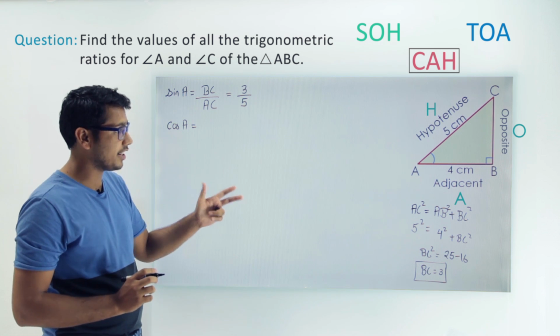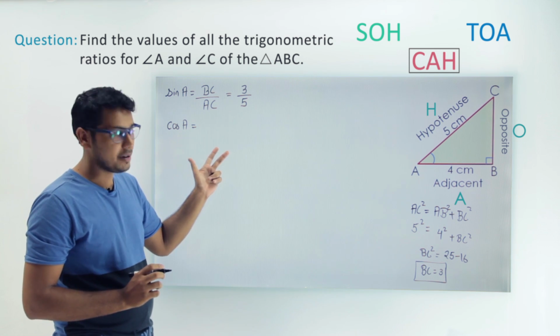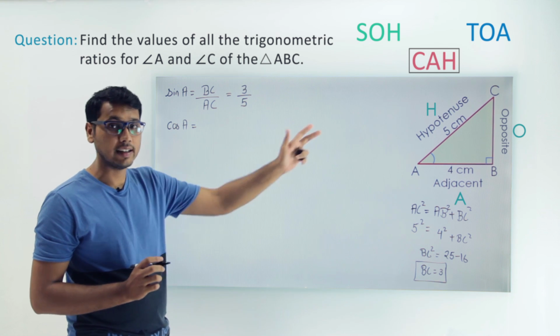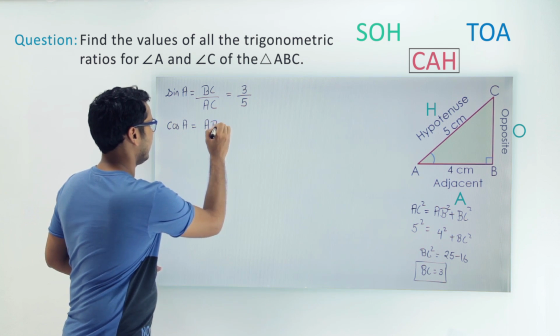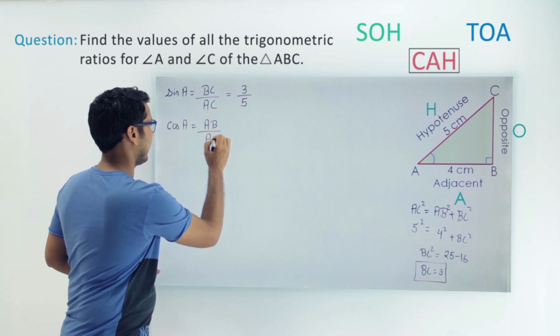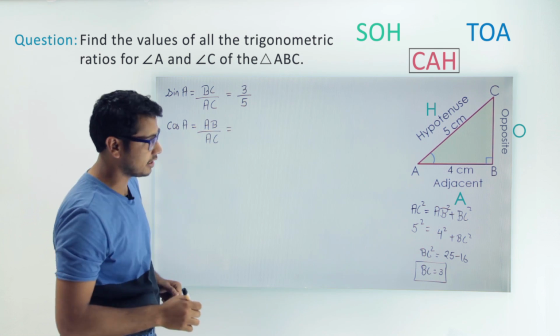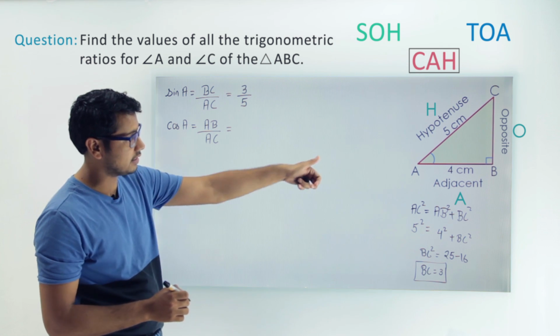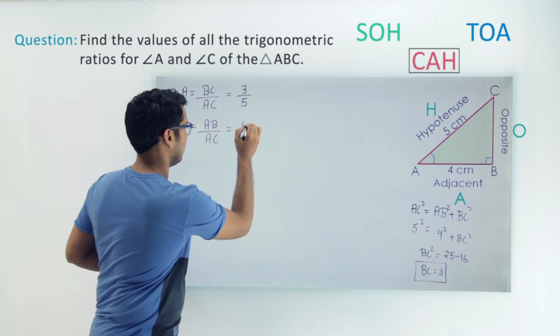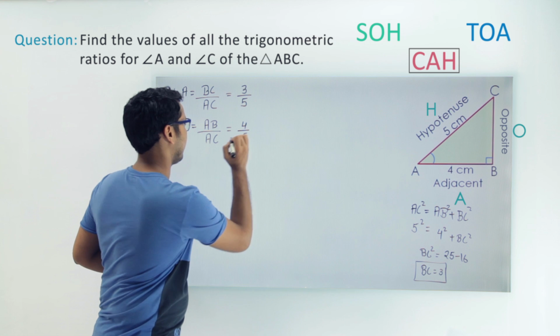So according to CAH, cos will be AB upon AC, and then you put the values. AB is 4 and AC is 5, so this will come out to be 4 by 5.